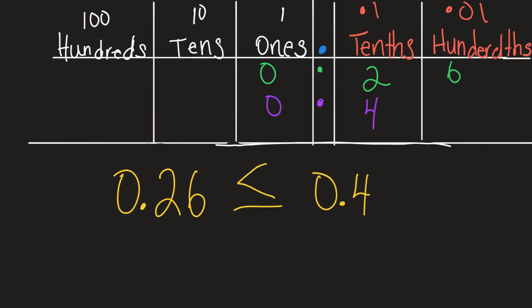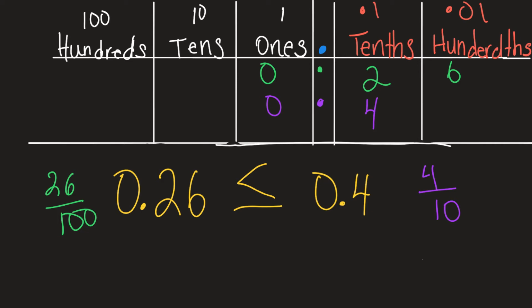Now, let me represent this in a fraction and you'll see what I mean. This is going to be 4 tenths, and this is going to be 26 hundredths, because we know because of where it is in the place value grid.